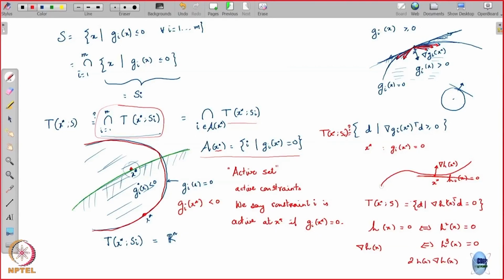It is 0, so this is equal to 0. If I apply it for this one, I will get 3 h square times gradient of h, again 0. You see the problem that has occurred. The same set of points, geometrically the same set of points, can be represented in multiple ways using algebraic constraints.